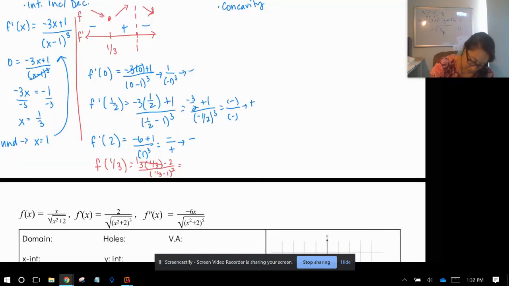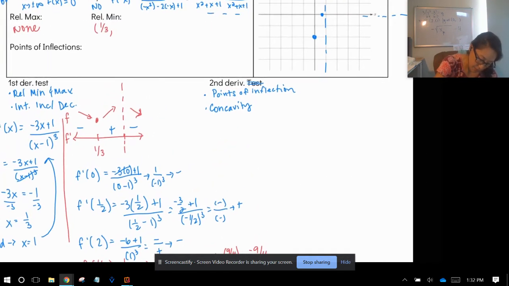So 1 minus 2 is negative 1 over negative 2 over 3 squared, which gives me negative 1 over 4 over 9 multiplied by the reciprocal, 9 over 4, giving me negative 9 over 4, or negative 2.25.